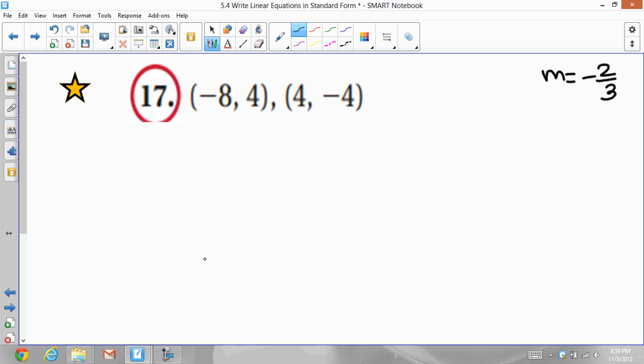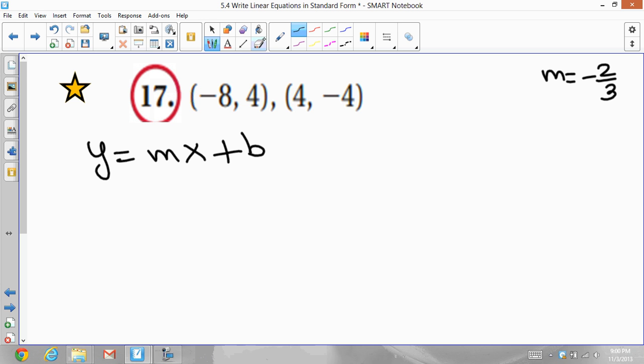They are asking you to write an equation in standard form. So once you got this, now I'm going to find what b is. I'm going to go for y equals mx plus b, which is the slope-intercept form. Now I need to get an equation first, so I'm going to use this as a starting point.